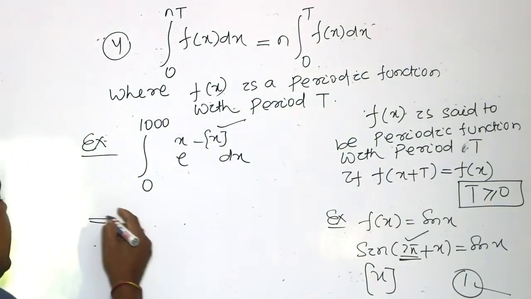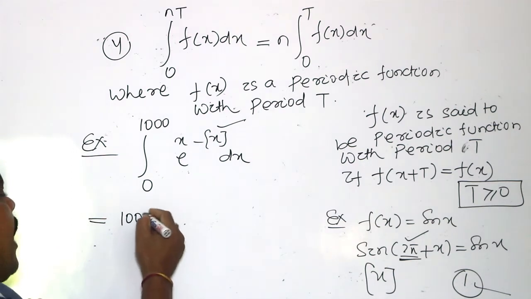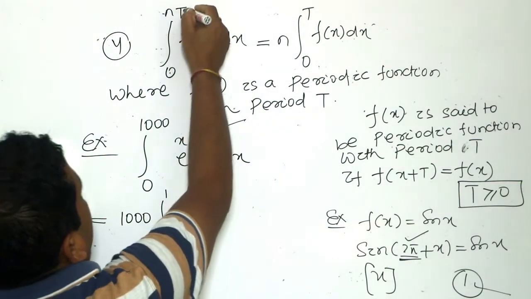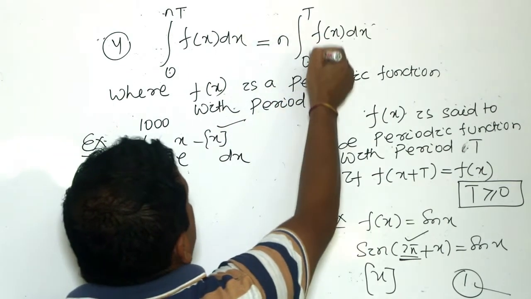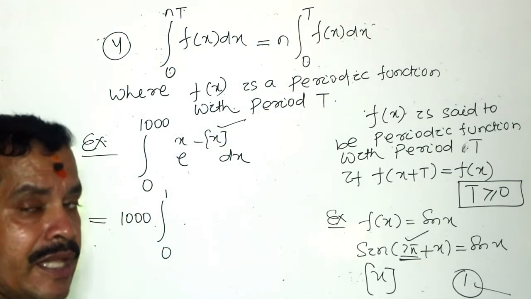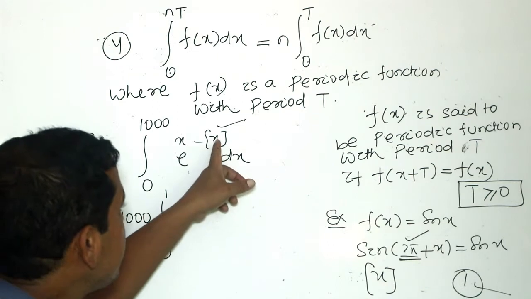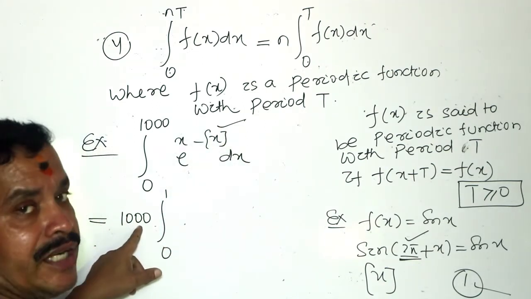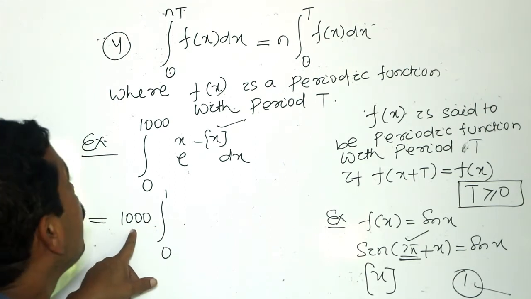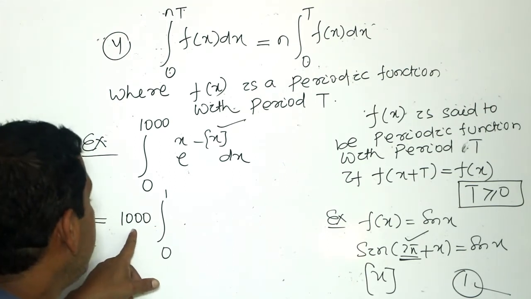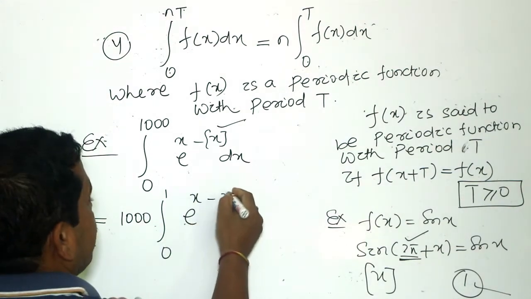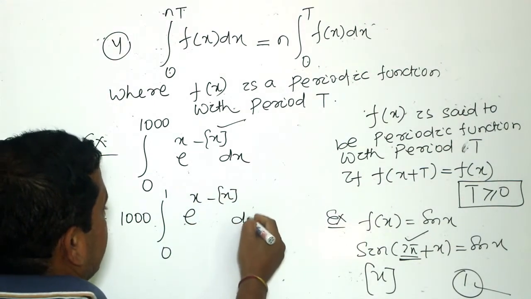So this integration will be 1000 times the integral from 0 to 1, since 0 to nt equals n times 0 to t, where t means the period of the function. Since the period is 1, it will be 1000 times the integral from 0 to 1 of e to the power x minus bracket x dx.